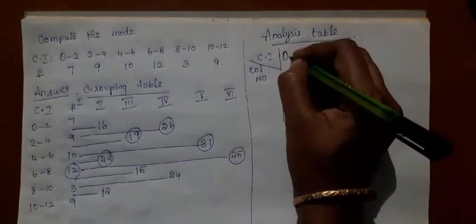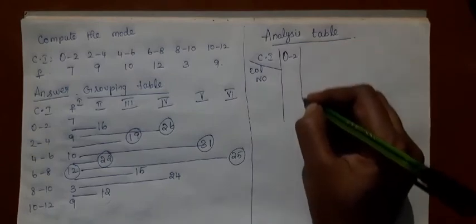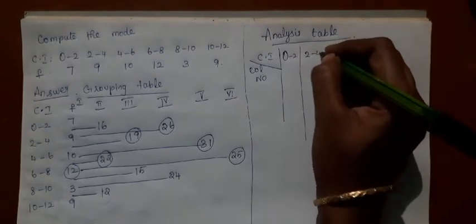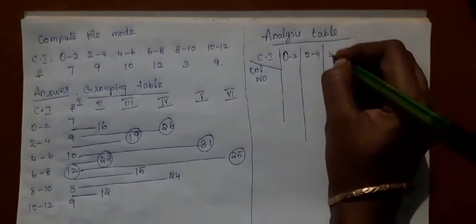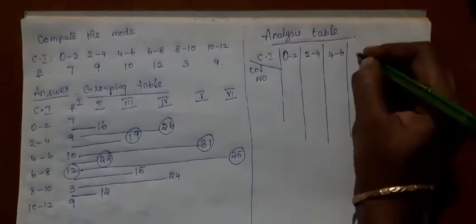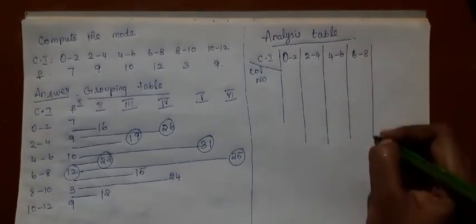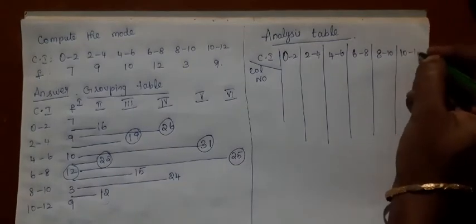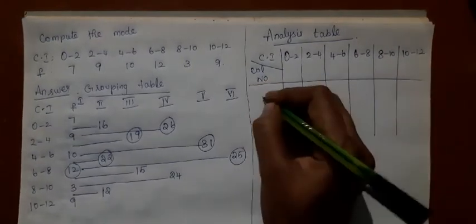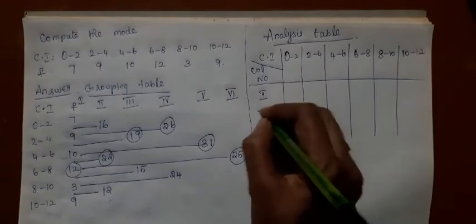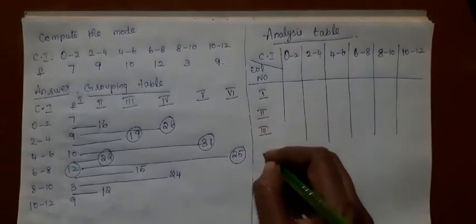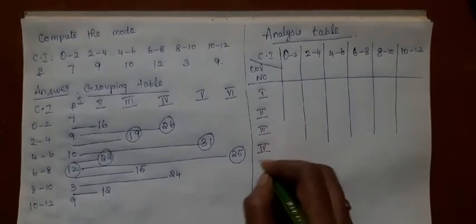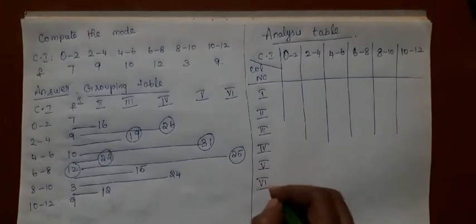Class intervals are 0 to 2, 2 to 4, 4 to 6, 6 to 8, 8 to 10 and 10 to 12. The column numbers are 1, 2, 3, 4, 5, 6.